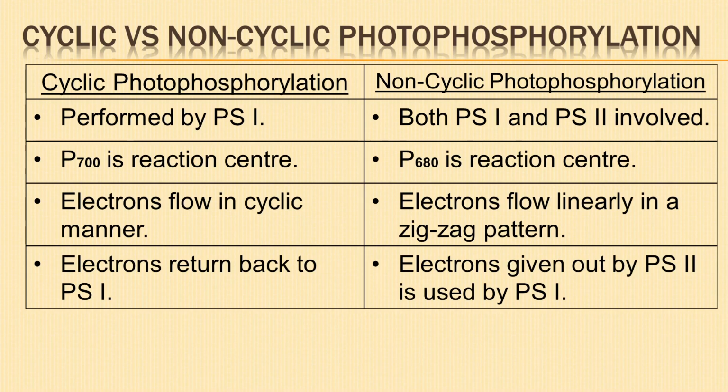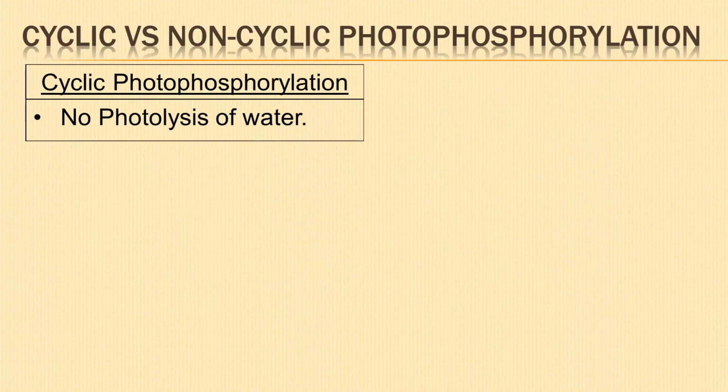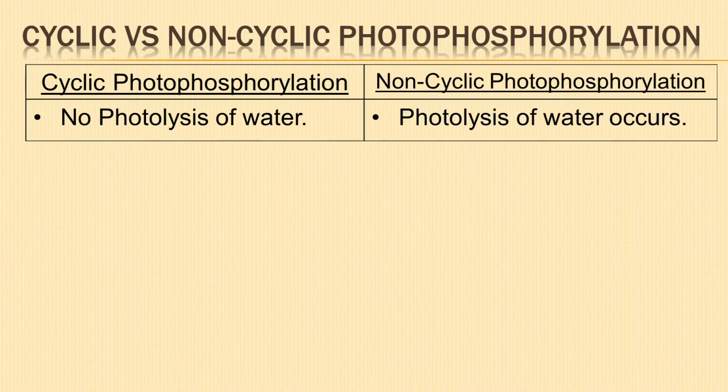Electrons given out by photosystem 2 do not return back to it, but are used by photosystem 1 in non-cyclic photophosphorylation. In cyclic photophosphorylation, photolysis of water does not take place. In non-cyclic photophosphorylation, photolysis of water takes place.